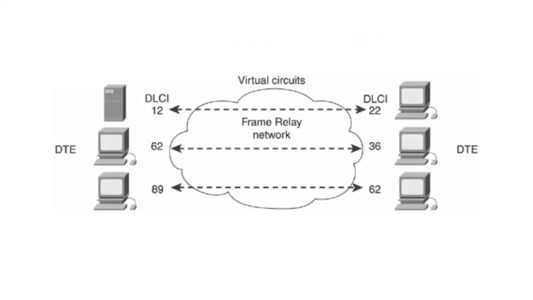Instead of relaying each packet individually through the frame relay network, frame relay uses virtual circuits that act as temporary paths through the network. These virtual circuits can be either switched virtual circuits that are set up and torn down on a call-by-call basis, or permanent virtual circuits that are established in advance.